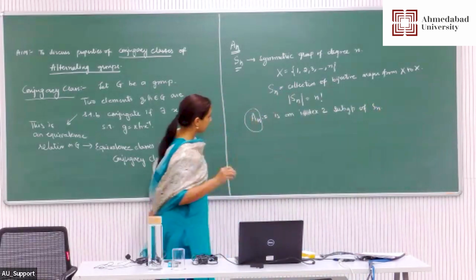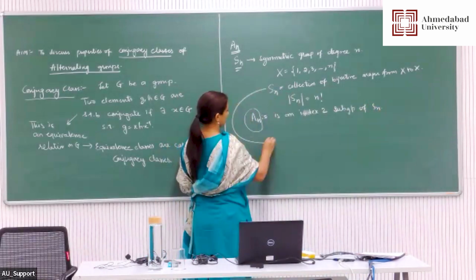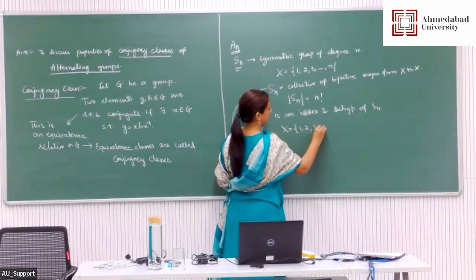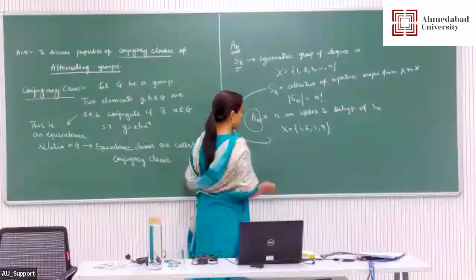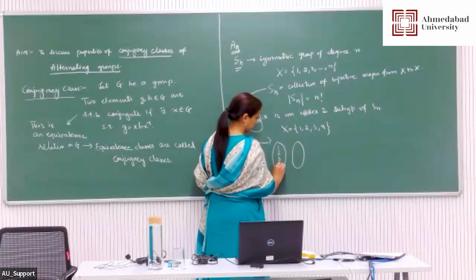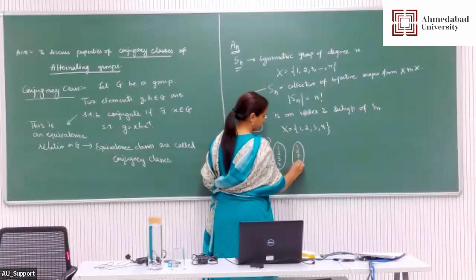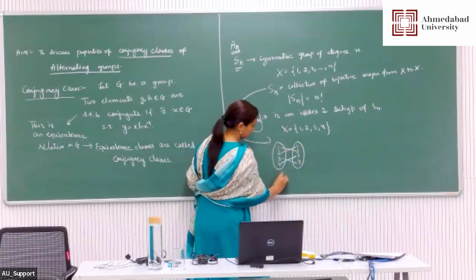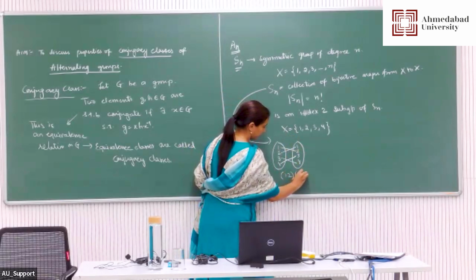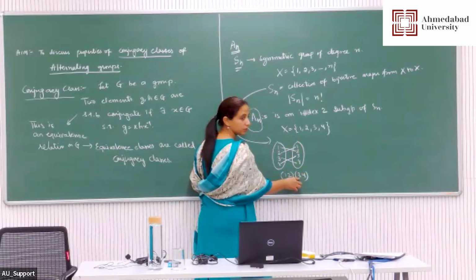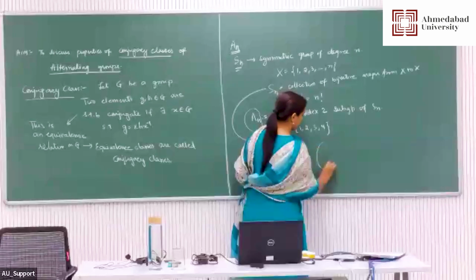Let me explain. For example, here if I take X to be 1, 2, 3, 4, then I have a bijective map. For example, this is a bijective map from X to X. This map I can write in shorthand this way. So 1 is going to 2, 2 is going to 1, 3 is going to 4, 4 is going to 3. And another example I'm going to take.